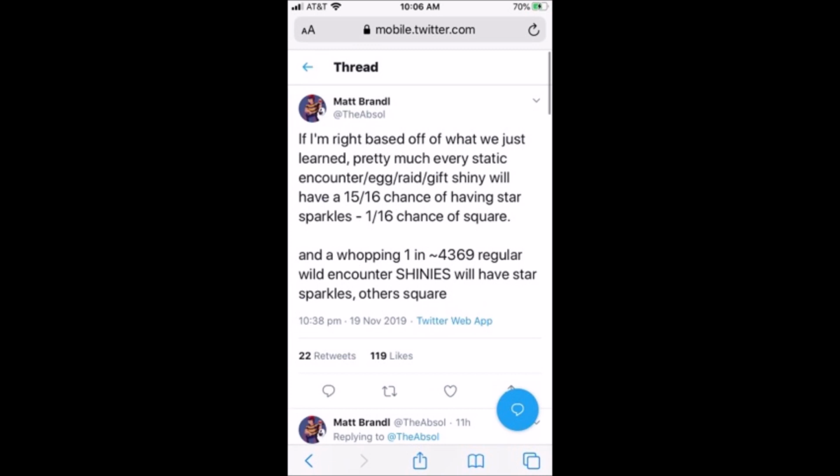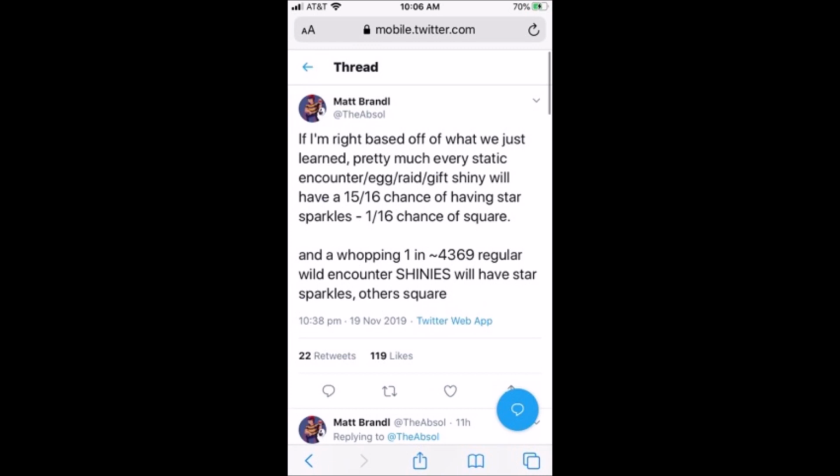You need to get the shiny from the first check, and you need to get the shiny from the PID check, except the PID check is actually a little bit rarer than the first check. The first check is out of, no, sorry, it's the other way around. The first check is out of 49.6, and then the PID is 4,369, or something like that.